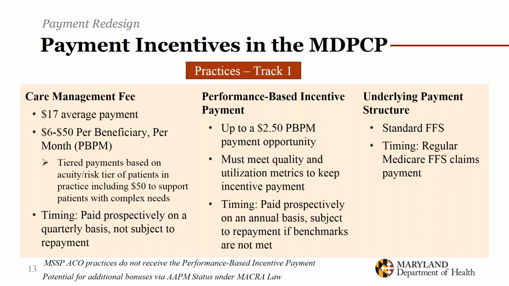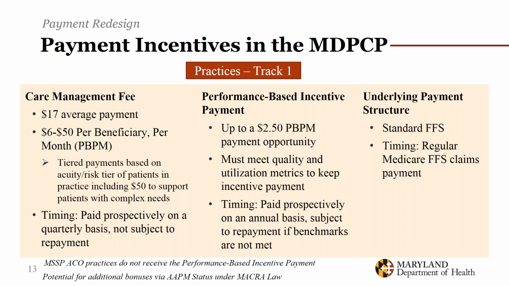The care management fee for Track 1 has an average of $17, but that's if a practice had an average number, and every practice looks a little different. So these are per beneficiary per month amounts, and they're for the entire Medicare fee-for-service population that's attributed to your practice.